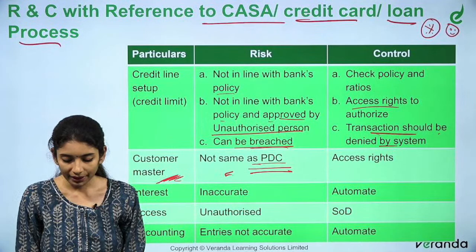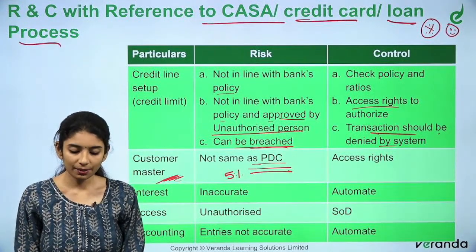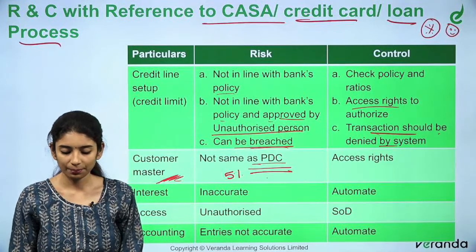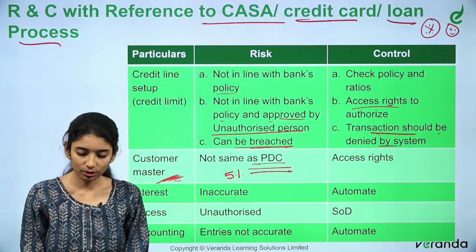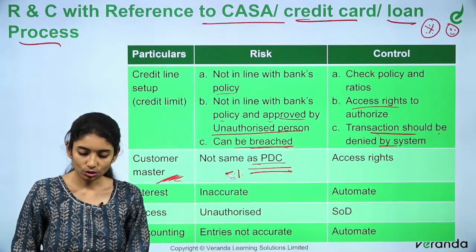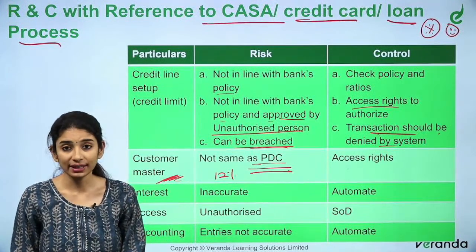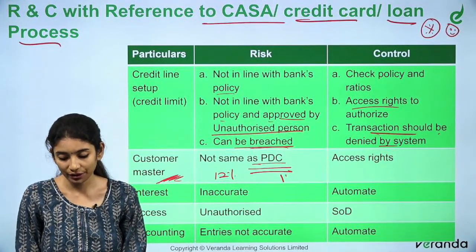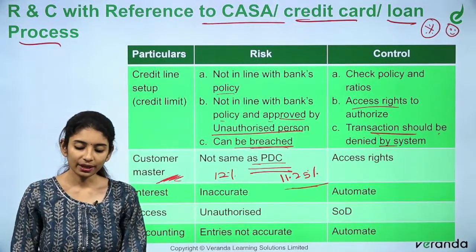In my PDC, my rate of interest is mentioned as 5%, or on the loan that I have to pay, it could be say 12%. But she has tried to favor me and has put it as 11.25%. So I have to pay less to the bank.